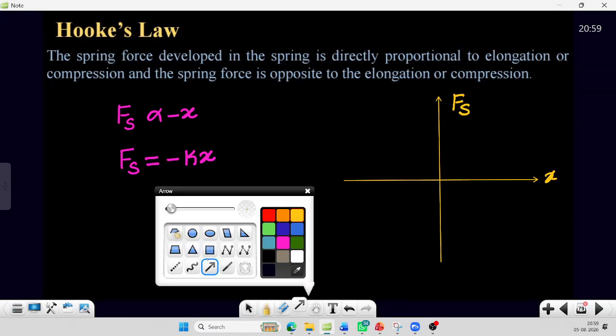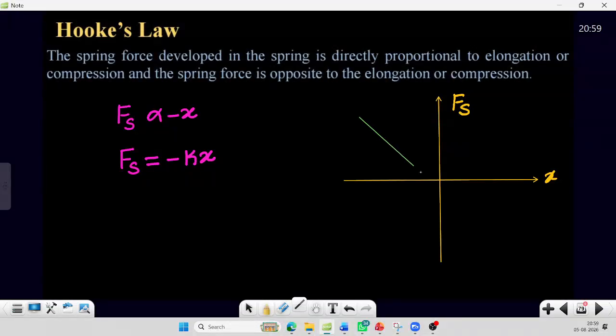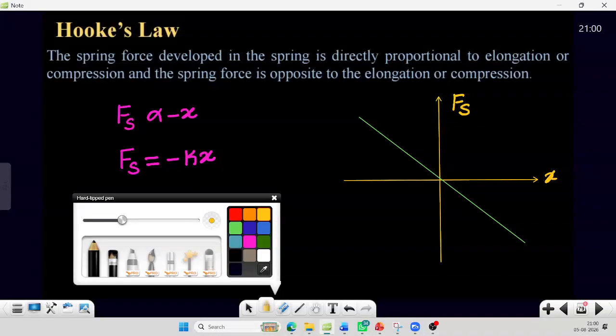So this graph is a straight line passing through the origin which lies in the second and fourth quadrants. Look, F is equal to minus k into x. The slope of this graph is nothing but minus k. That's why it will lie in the second and fourth quadrants. Right.